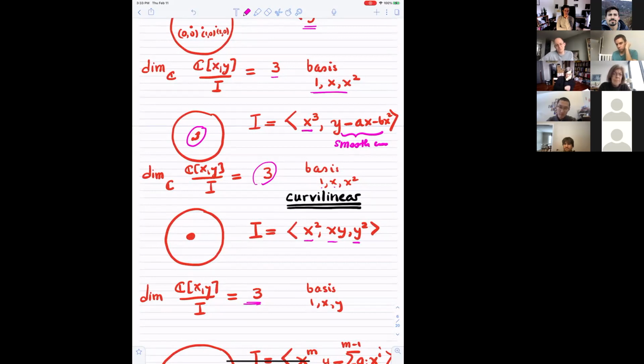So you can compute, so to speak, the tangent space to this ideal, and then you see that it's really the whole of C^2 at that point. So it doesn't really lie on any smooth curve. It turns out that when you have 3 points, these are the only possibilities.